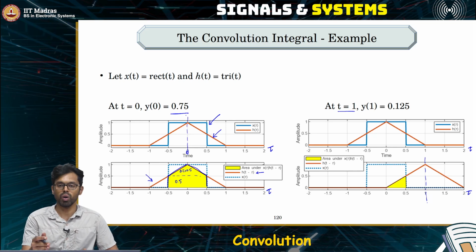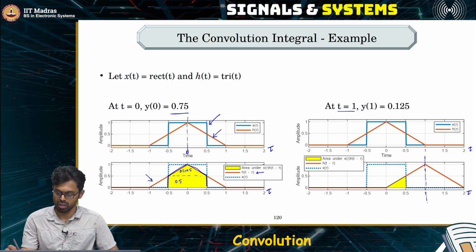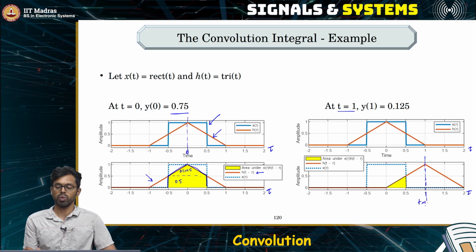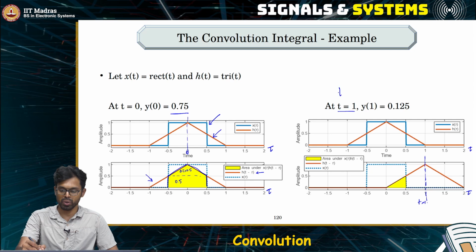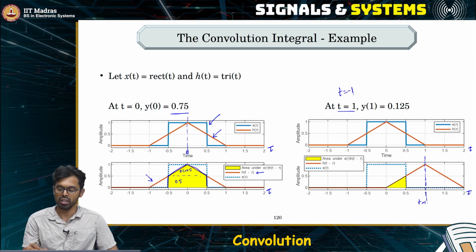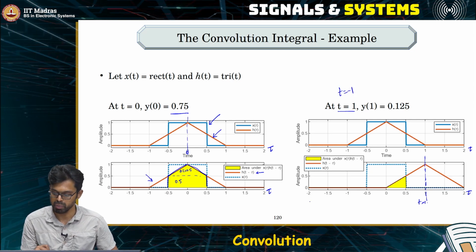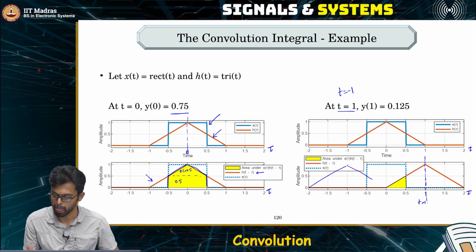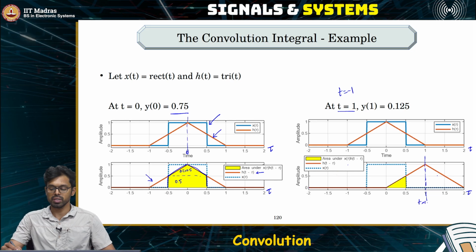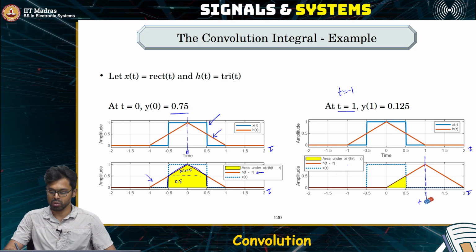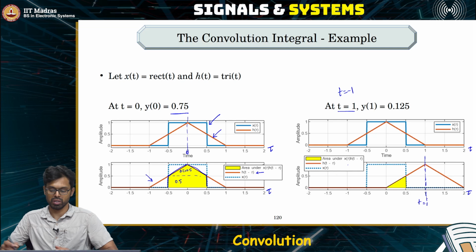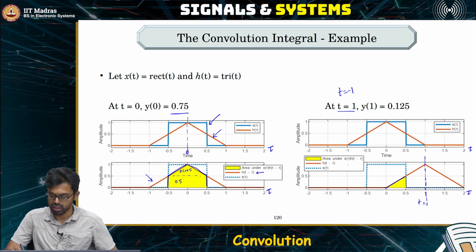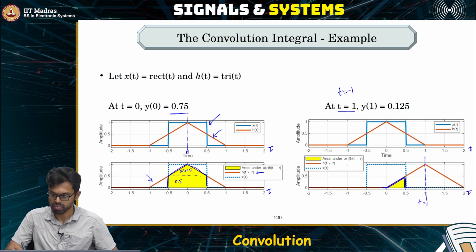Now at t equal to 1, it moves to the point t equal to 1. If we're trying to compute at t equal to -1, then the impulse response would be centered around this point. At t equal to +1, you have the shifted impulse response centered here. Now you multiply that with your input, and the product is this signal.